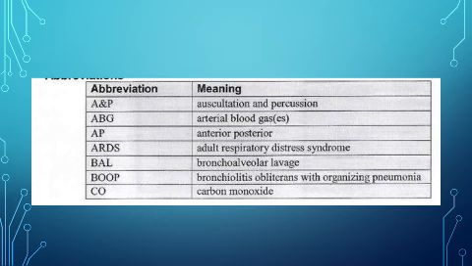So coming to abbreviations, A and P. What do you mean by A and P? That is auscultation and percussion. ABG. In the tests we get, we don't get full names of our diseases. Like ARDS, the person is suffering from ARDS.